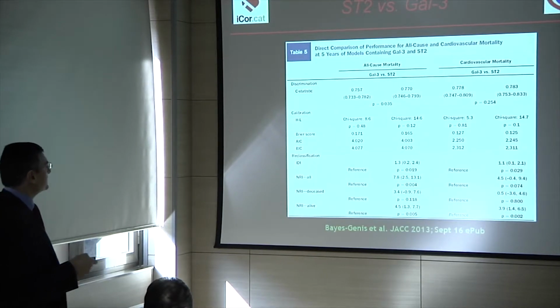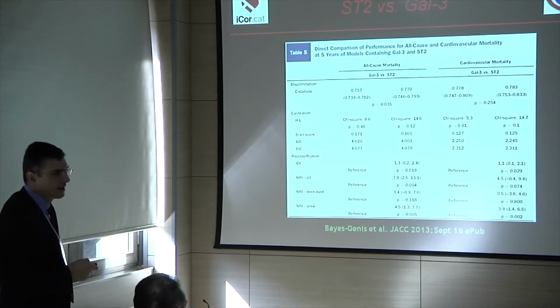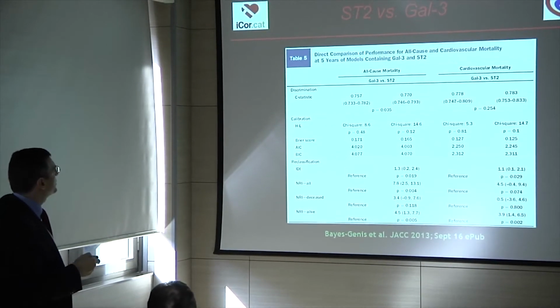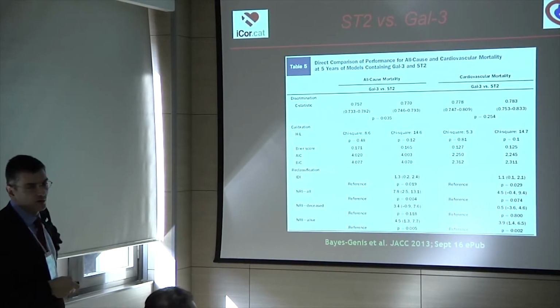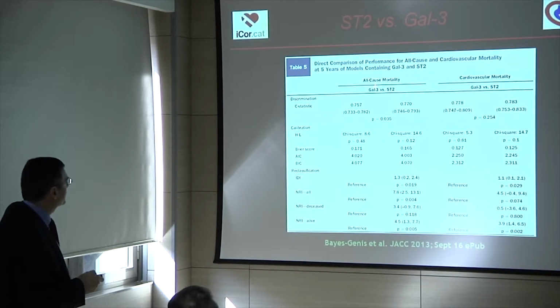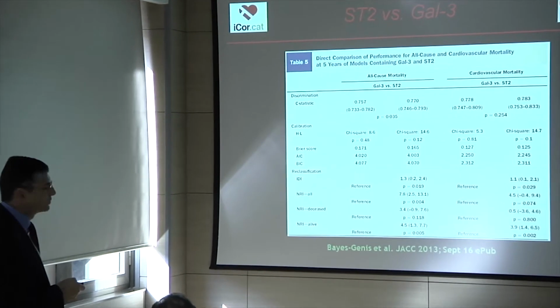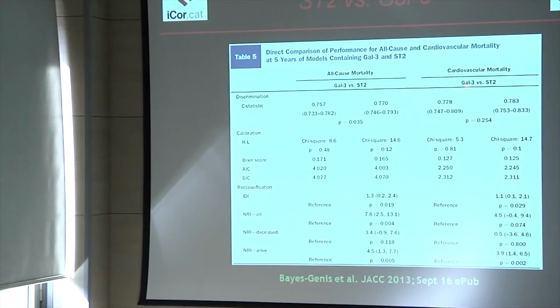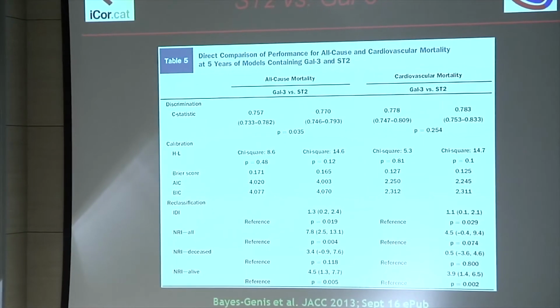This is something that's not very often reported in the literature, which is a head-to-head comparison of two biomarkers. So we have here GAL3 versus ST2 for all-cause mortality, GAL3 versus ST2 for cardiovascular mortality.